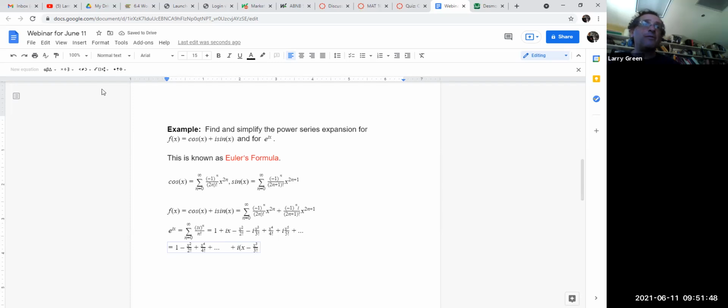And then the next one will be plus x to the 5th over 5 factorial, and then plus dot dot dot. All right, I'm going to put parentheses, even though you don't need to, around the first piece and the second piece.